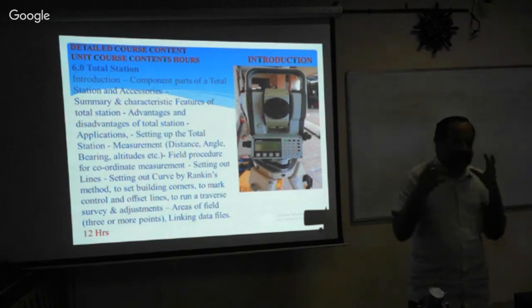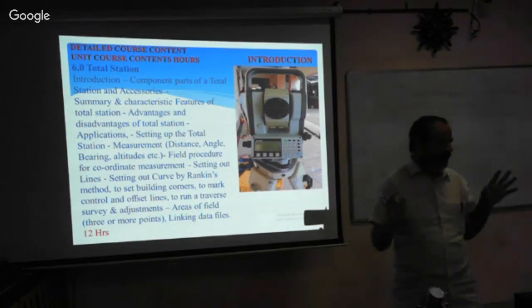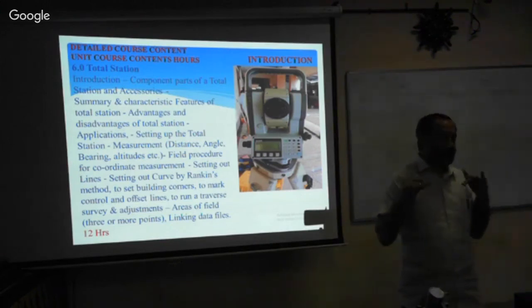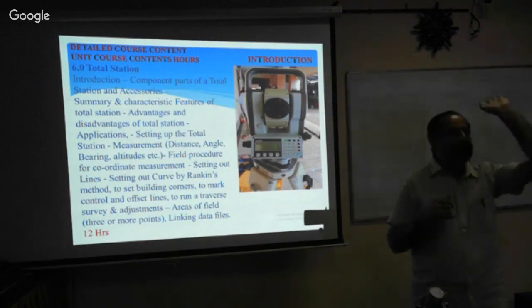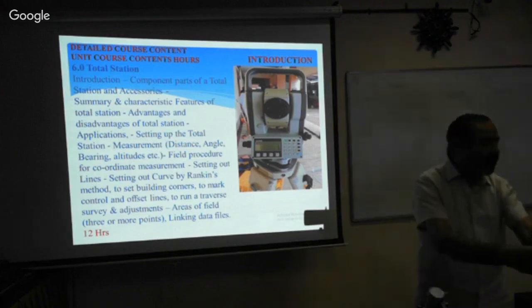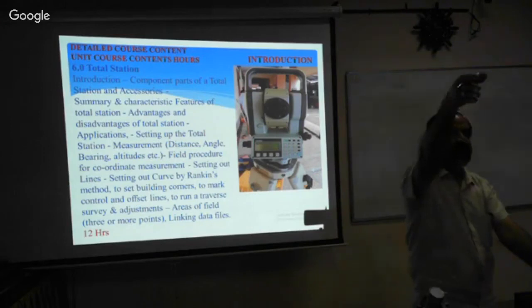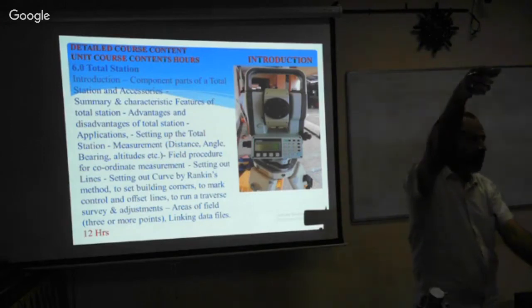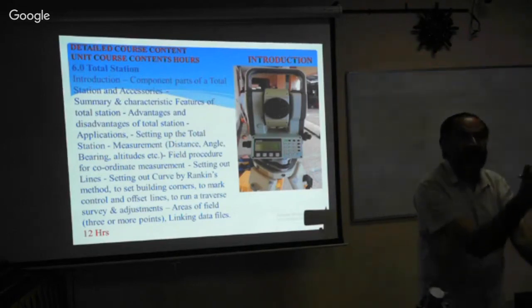Most advanced survey equipment, a combination of all the features. The advantage of this equipment is that it collects the information in the X direction, in the Y direction, and also in the vertical direction. You install the instrument in one place, and where you want to collect the information, you go and keep the reflector. From here it will read.